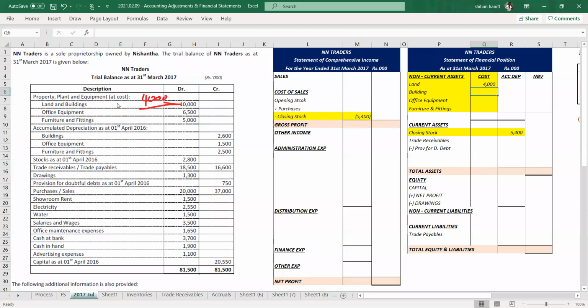Therefore, building is 6,000. So you have to separate the land and building. The reason is we don't depreciate land. Land cost is 4,000. Book value, net book value, also 4,000.